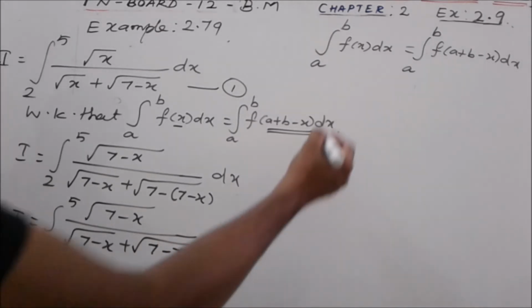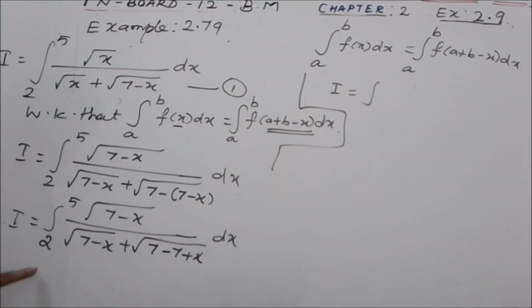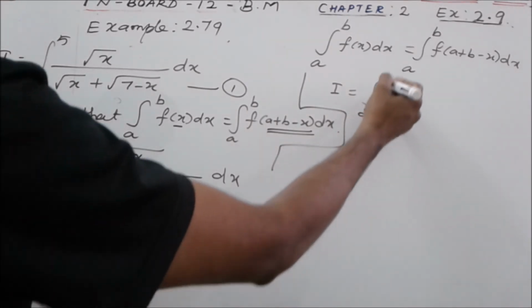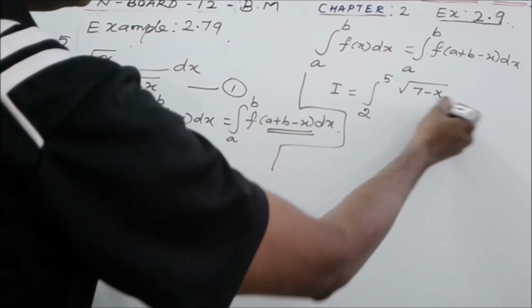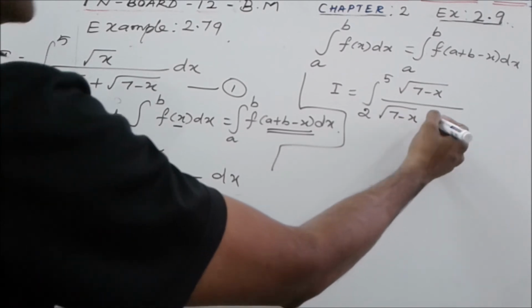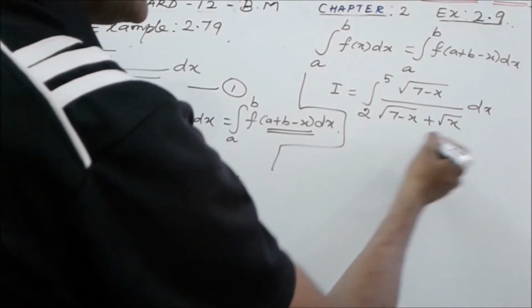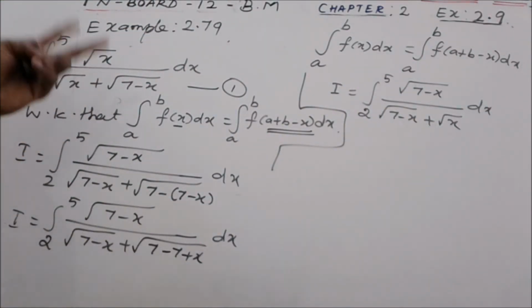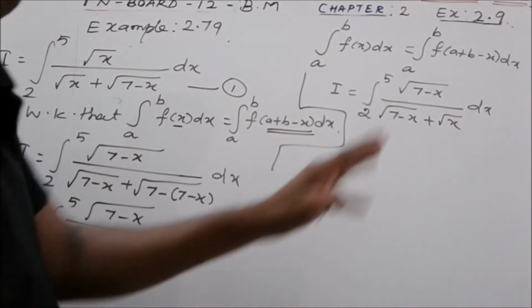Now this I will be equal to the integral from 2 to 5 of root of 7 minus x divided by root of 7 minus x plus root of x. 7 minus 7 cancel, remaining is x, root x dx. And here also it is in the same form, just a little difference. So we couldn't directly integrate. This is taken as equation 2.